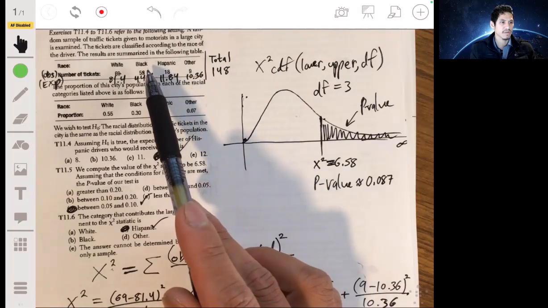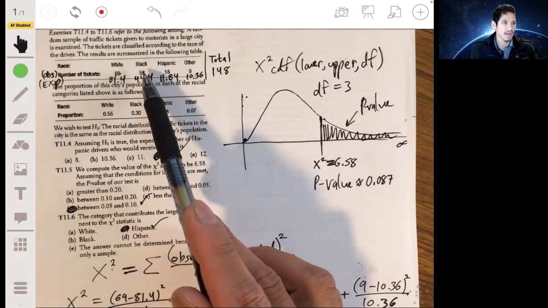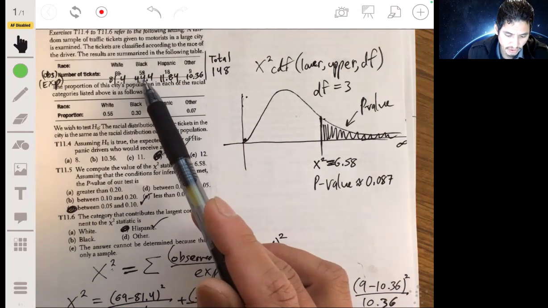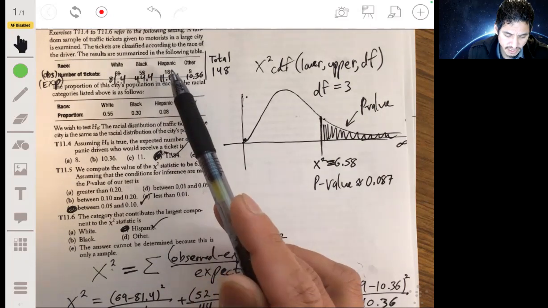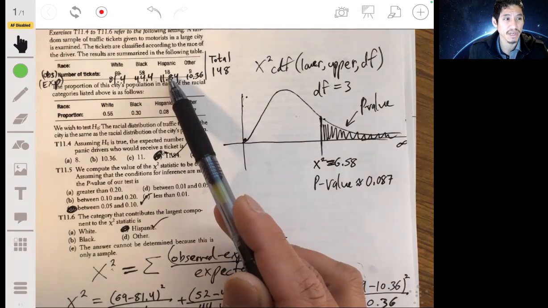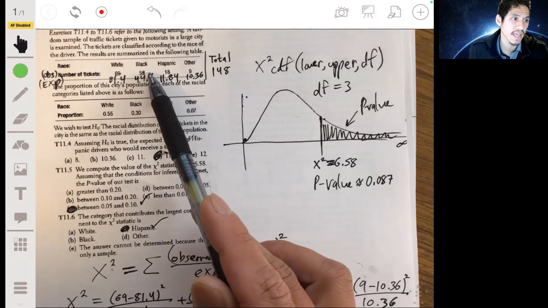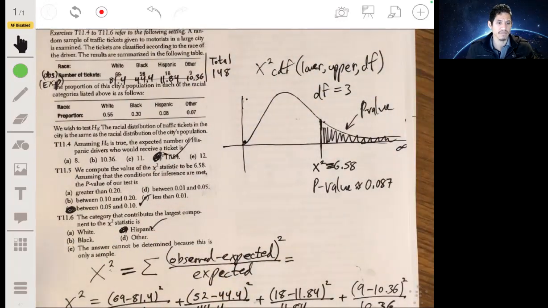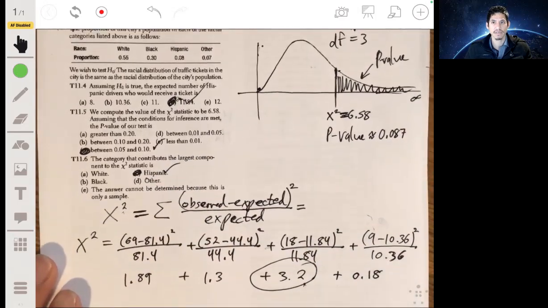Even though the black values, 52 and 44, are about 8 off, and 18 and 11.84 is only about 7 off, proportionally, 7 over 18 is a lot bigger than 8 over 52. But that's just the logic. You can always calculate the values. In either case, your answer should be C. There you go.